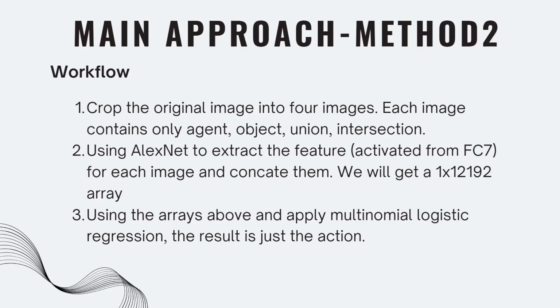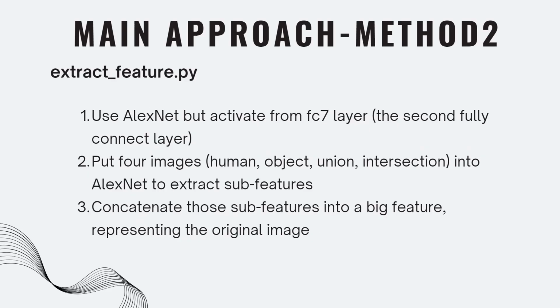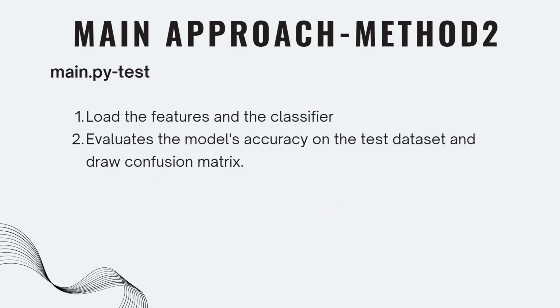Extract features using extractFeature.py, set the features, and train a multinomial logistic regression to predict the action. In the test section, we use the test dataset split by the train test function. Then we load features and classify. In the end, we test the accuracy and draw the confusion matrix.